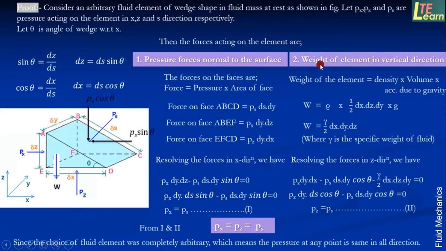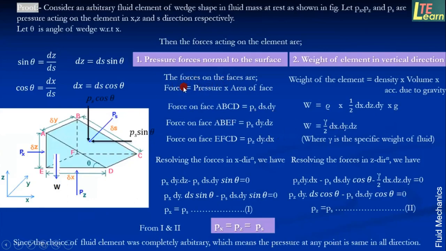And the second kind of force is the weight of the element, which is acting in a vertical fashion, along the z direction. So let us see them one by one. In the first class, the pressure forces, which are horizontal or along the x direction, we will see first.